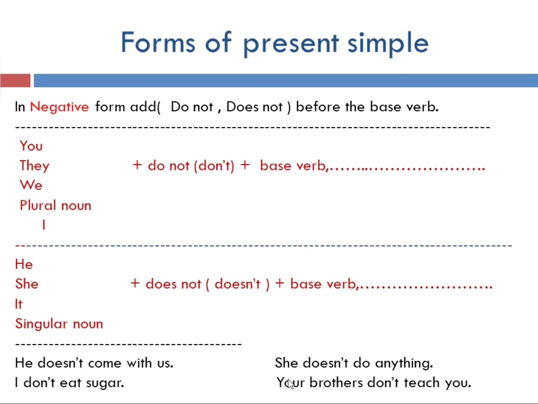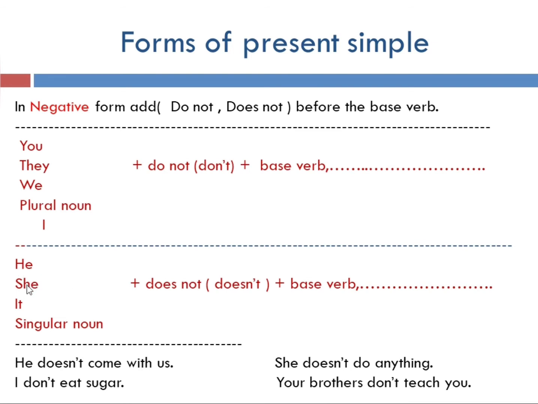For example, we have your brothers, because your brothers is a plural noun. Your brothers don't teach you. Why don't? Because it's the negative form of present simple, and because this is a plural noun, we add don't.